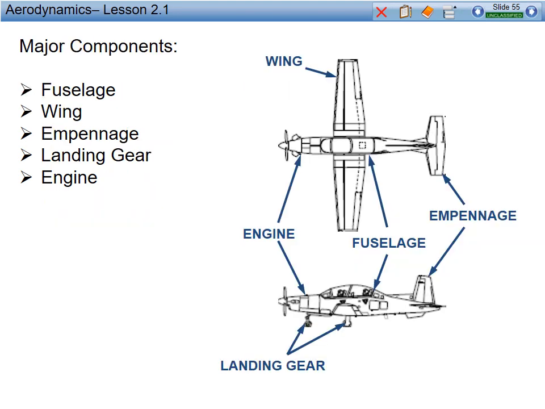The major components of an airplane are fuselage, wings, the empennage, landing gear, and an engine.